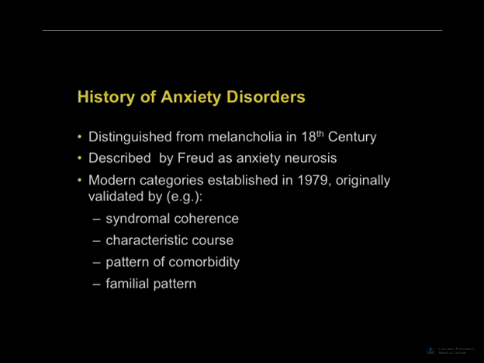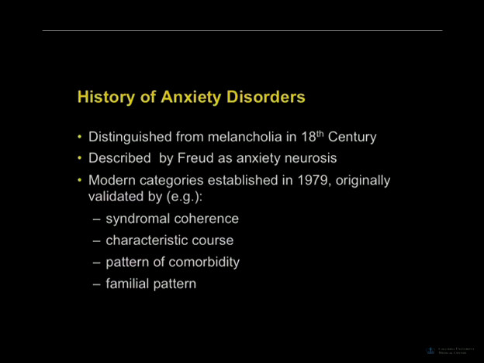Historically, anxiety disorders are relatively new kids on the block. They got separated out from depression symptoms in writings in the 18th century. Freud talked about anxiety neurosis, which really overlapped these disorders. The modern terminology has been established since about the late 1970s with DSM-3. At that point, these disorders were separated out based on several clinical features.